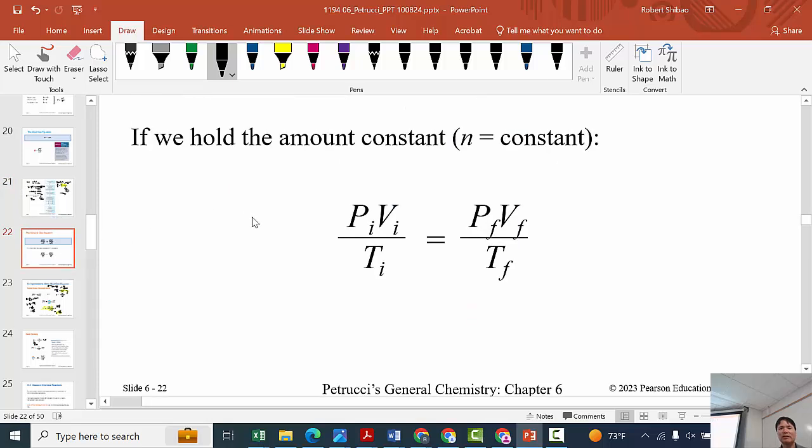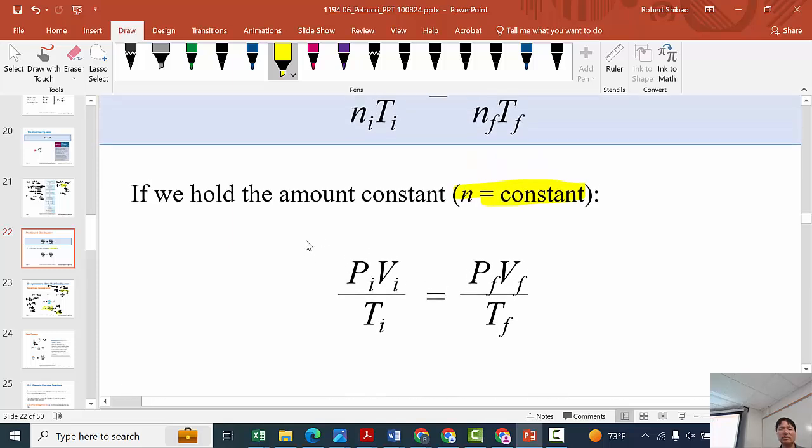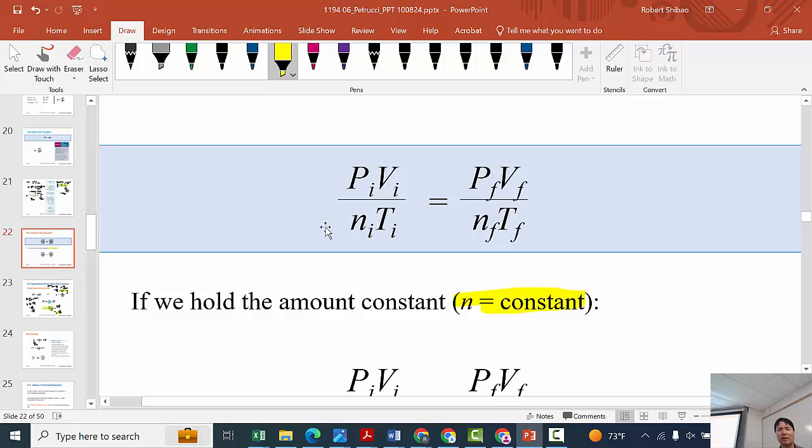This one's a little bit different. You remember this one? What was this equation called? Let's see what they call it. We can call it the combined gas law. But that's only if n is constant here. Really, we should have the Chem 1A version of the combined gas law, where the number of moles can change.